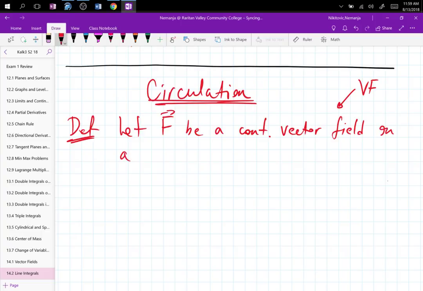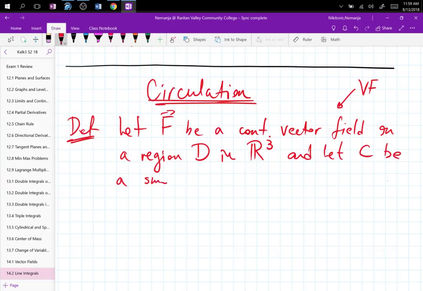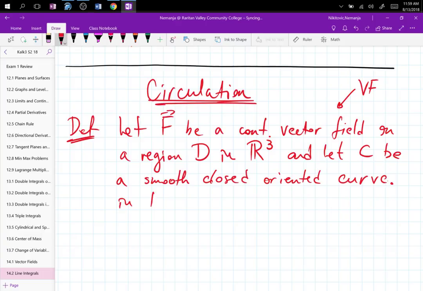On a region D in R3, and let C be a smooth closed oriented curve that lies in D.